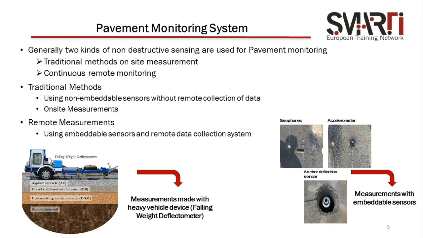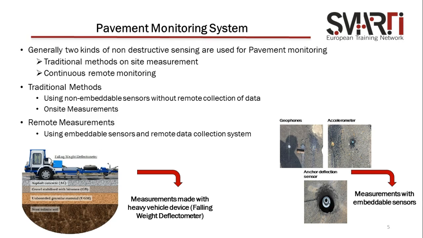As for measuring the deflections, there are two types of methods. The traditional methods are to go on site and take measurements using the falling weight deflectometer or Benkelman beam. These devices are very labor intensive and expensive, and they need to be used once or twice a year, so they don't give us continuous information about the pavement.